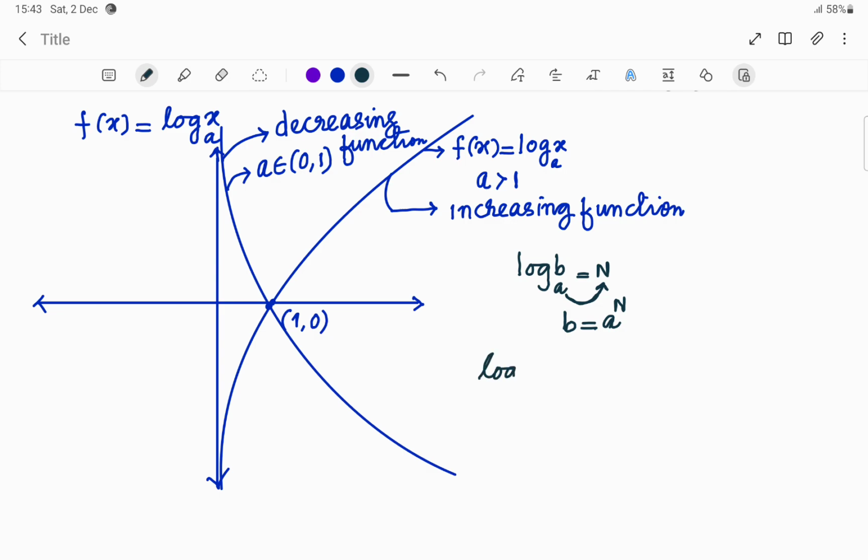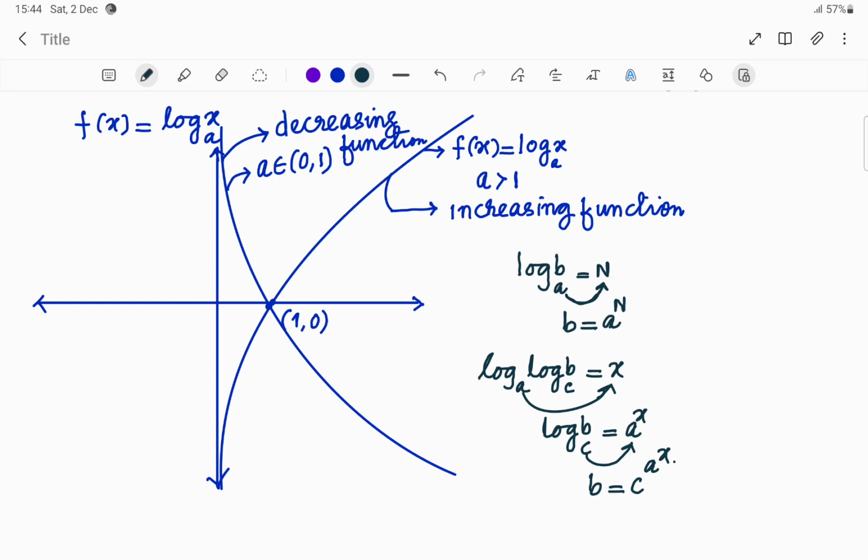Suppose if you have like this, some x. So first you can transfer this base to right side. So you will get log b base c equals to a to the power x. Again, if you do the same thing, you can write b is equal to c to the power of a to the power of x. Okay, so this is how you can convert a logarithm into exponential function and exponential into logarithmic function.